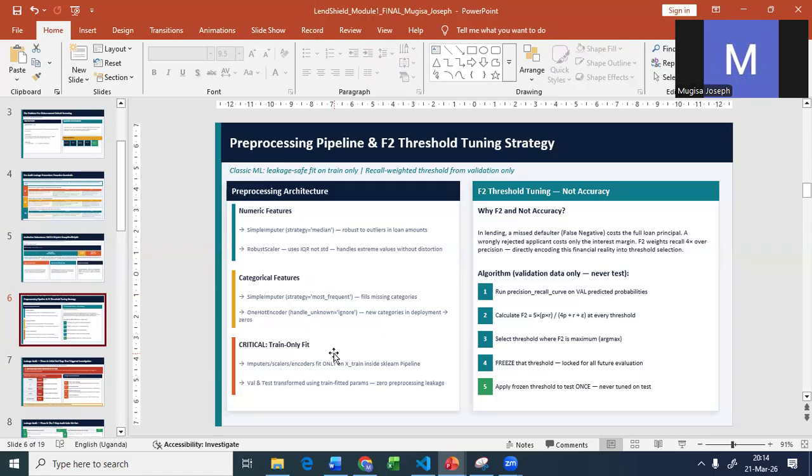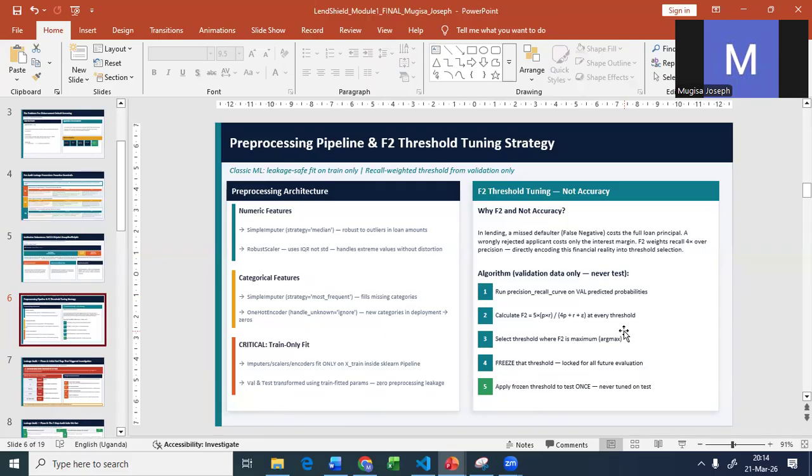For training, we fitted only on the training data set to prevent leakage. Validation and test used the train-fitted parameters, so there is zero leakage.